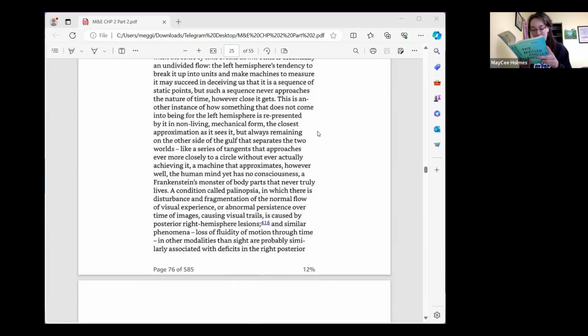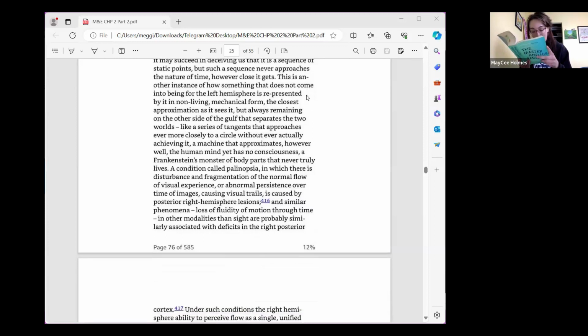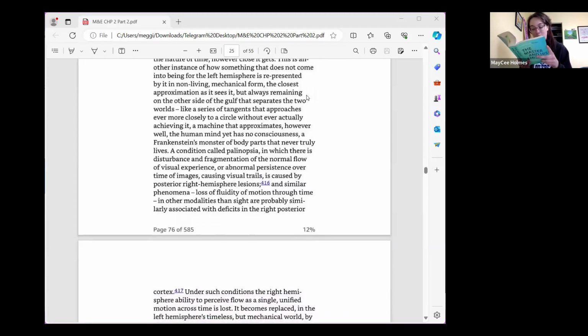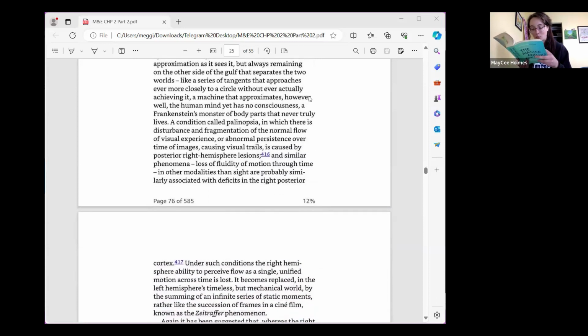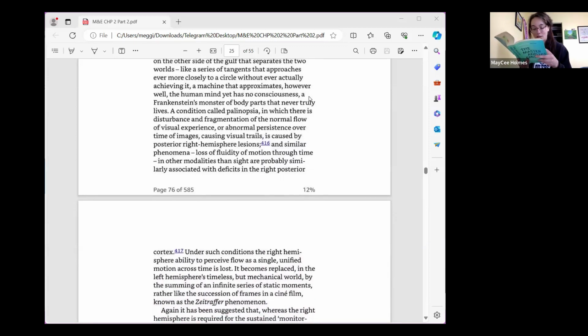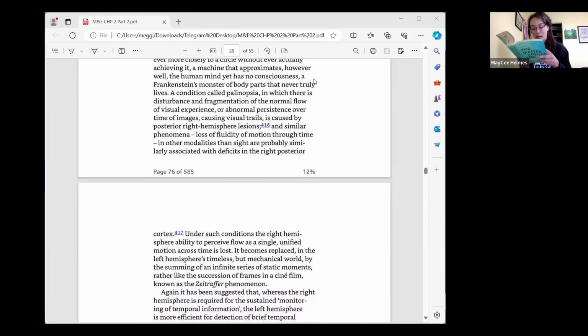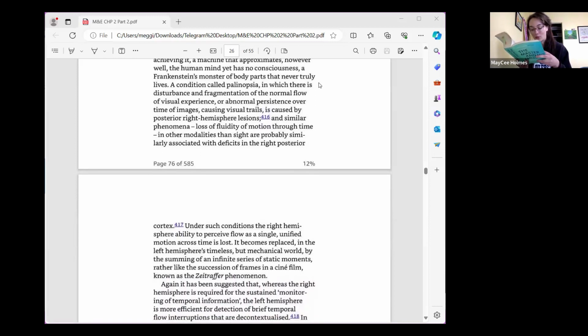This is another instance of how something that does not come into being for the left hemisphere is represented by it in non-living mechanical form, the closest approximation as it sees it, but always remaining on the other side of the gulf that separates the two worlds, like a series of tangents that approaches ever more closely to a circle without ever actually achieving it, a machine that approximates, however well, the human mind, yet has no consciousness, a Frankenstein's monster of body parts that never truly lives.